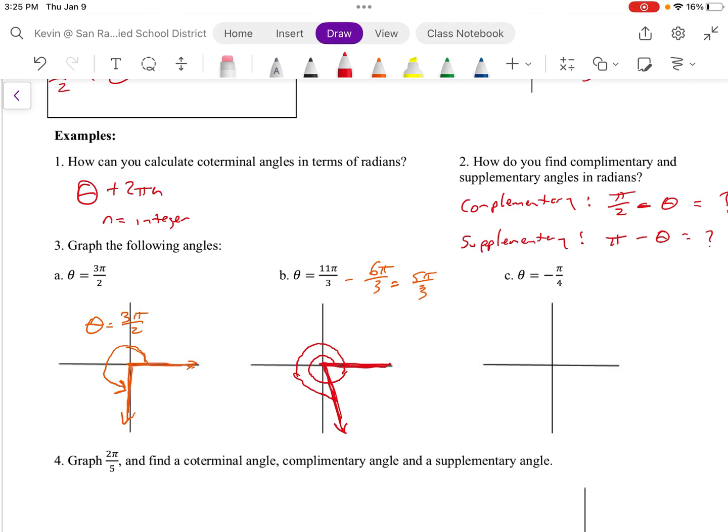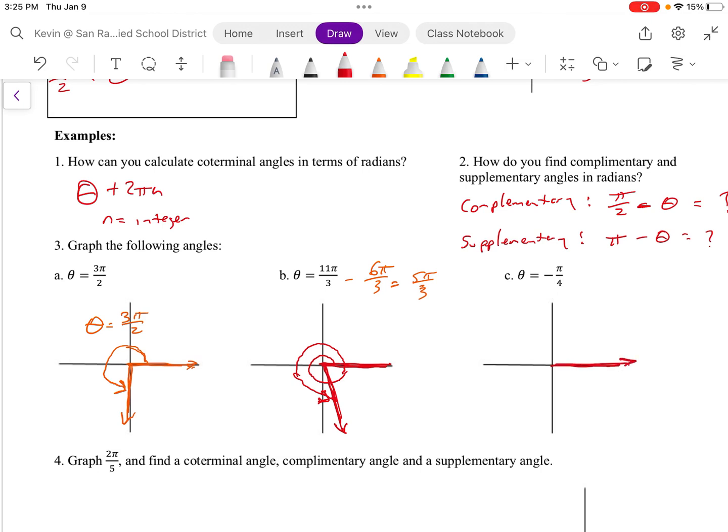And so again, we draw a little arrow here to show that we've gone all the way around once, and then we kept going until we got to 5 pi over 3. Last one. Okay, negative angle.